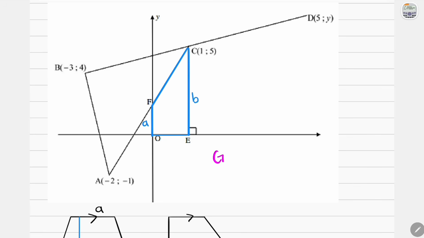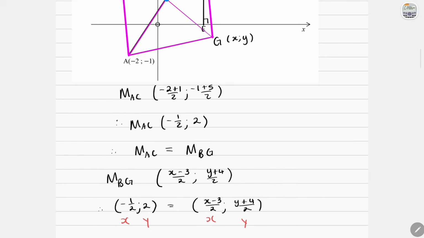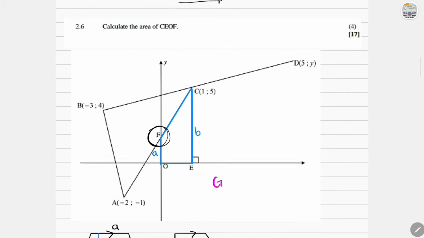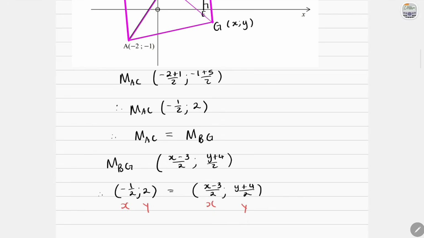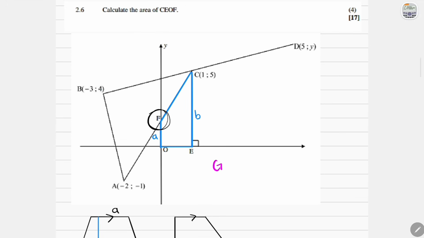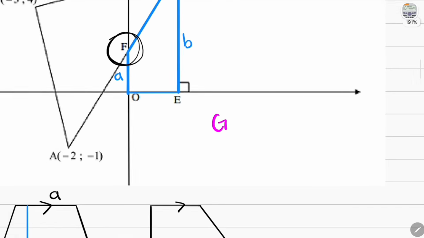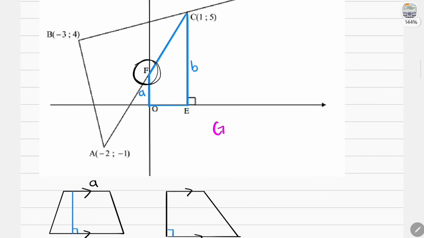So the only challenge here is to find F. And from the previous questions, I don't think we ever needed to find the gradient of that. We found the midpoint of AC and BG, those diagonals. But then, we don't have that as a gradient. So we need to find F first. So find F, find E, and then we would find this.